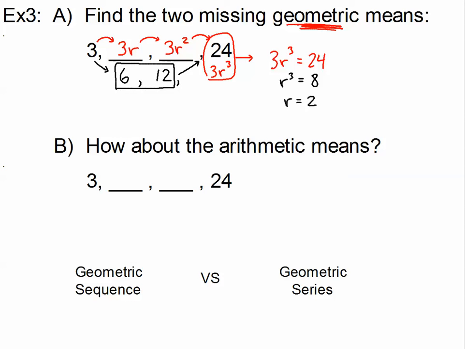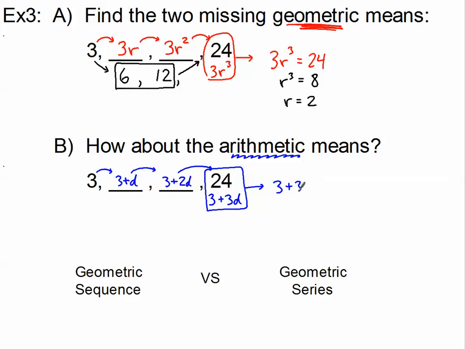What if I do a little review and ask what the arithmetic means would be for the same two numbers? Well, with arithmetic we're adding, so 3 plus d would be my next number. And then 3 plus d again, or rather 3 plus 2d, is my next number. And then 3 plus d plus d plus d, or rather 3 plus 3d, is my last number, or 24 at least.